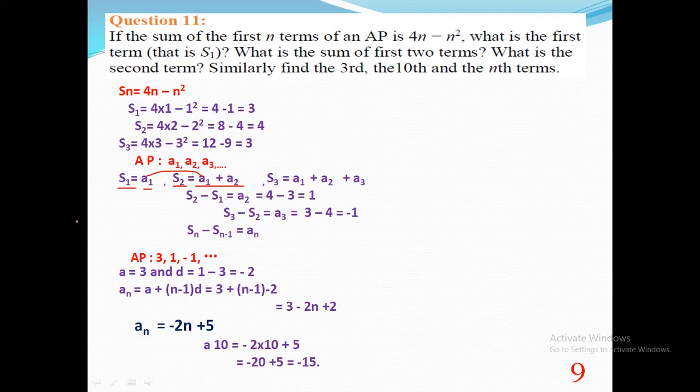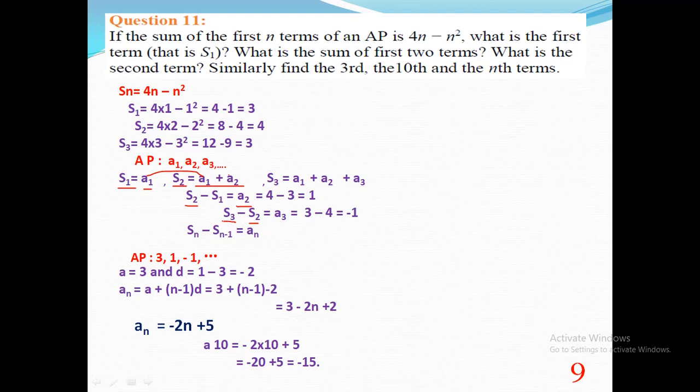Then if I subtract S2 from S3, I get A3. Just like S2 minus S1 is A2, S3 minus S2 equal to A3. So A3 equal to 3 minus 4, that is minus 1.